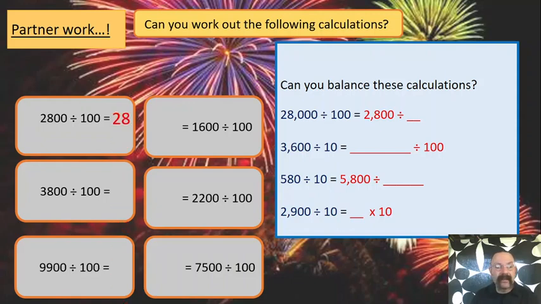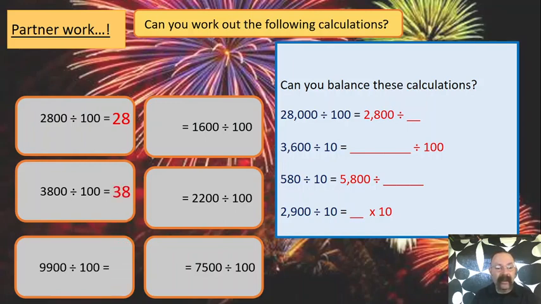So for the first one, it was 28. Okay, 2,800, move the digits 2 places to the right, becomes 28. And there we don't have 28.00 because the zeros in this case after the decimal point don't have any value.